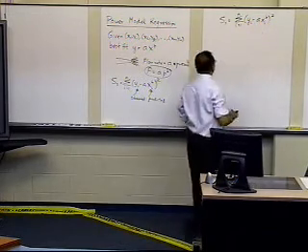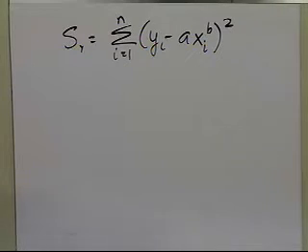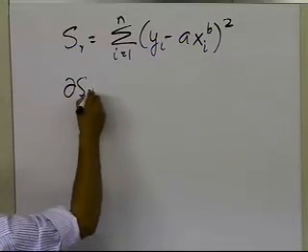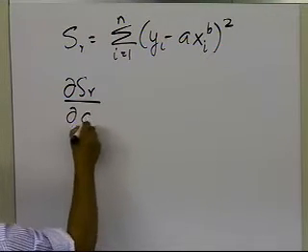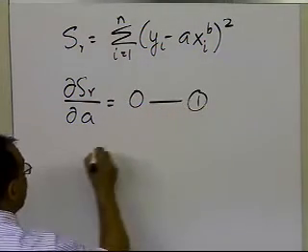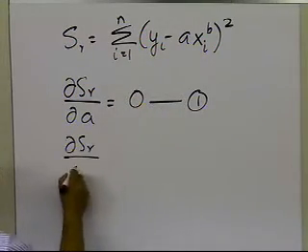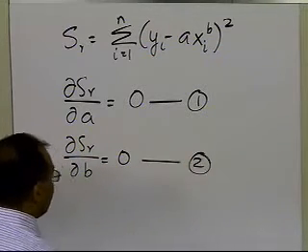That is the sum of the square of the residuals. Now you want to minimize with respect to A and B. So you take the derivative of the sum of square of the residuals with respect to A, put that equal to 0, and that's going to give you one equation, and take del SR by del B and put that equal to 0, and that's going to give you the second equation.